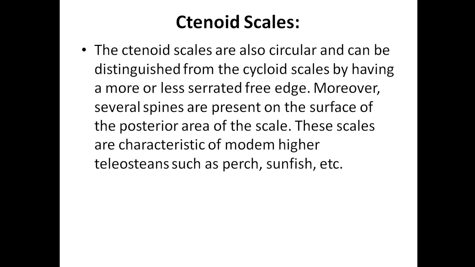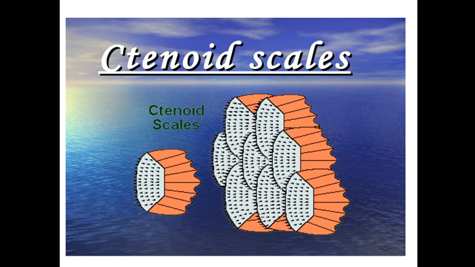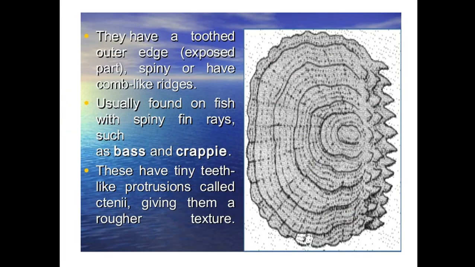And these ctenoid scales are characteristic of most modern higher bony fishes like perch and sunfishes. See the ctenoid scales. They have a toothed outer edge which is spiny or has comb-like ridges.